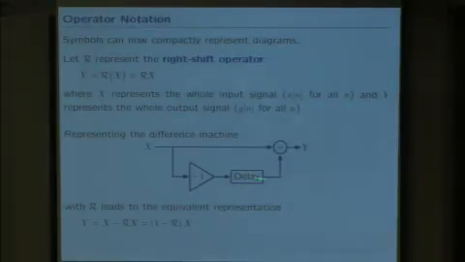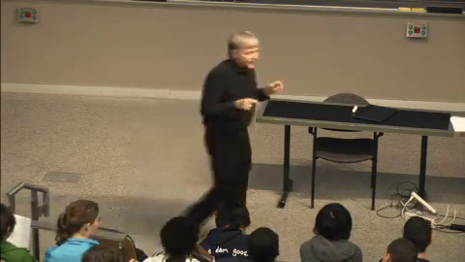That's going to let me represent this block diagram this way. Y, the whole signal y, is the sum of the whole signal x, subtract out R applied to x. Or, even more concisely, calculate y by applying to x the operator 1 minus R. So I'm thinking now of an operator.